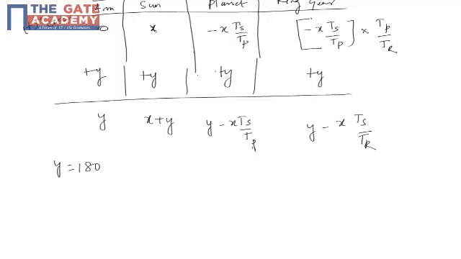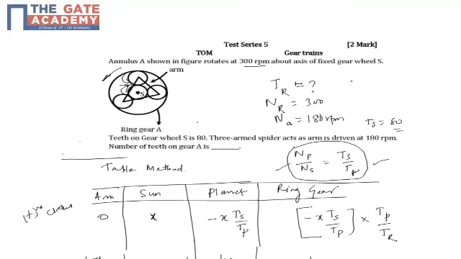So y, the speed of the arm, is given as 180, and for the ring, y minus x ts by tr is given as 300, and the direction is the same. The number of teeth, ts, is mentioned.